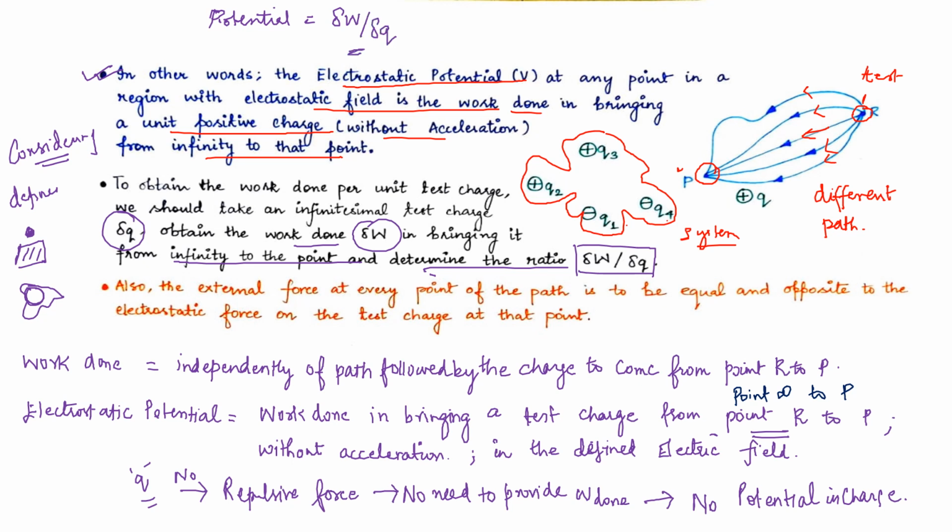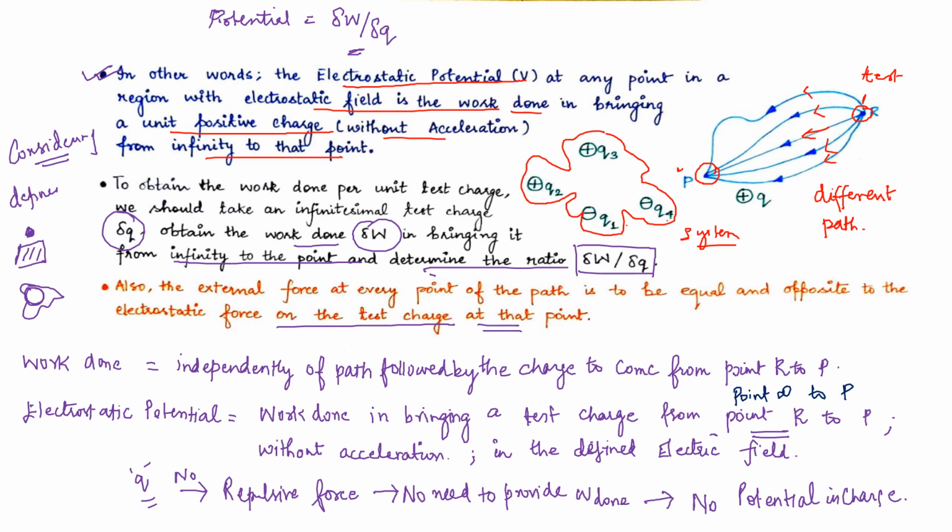This is how we have defined it for a small system. Also, the external force at every point of the path is to be equal and opposite to the electrostatic force on the test charge at that point.